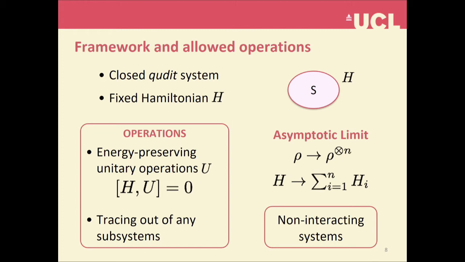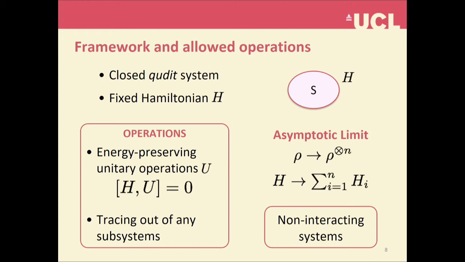This is the resource theory. Then you can decide in which framework you want to apply it. It could be the case of a single copy of your system, but we decided to study the asymptotic limit first. So essentially, we are interested in the case in which we have many copies of our system, and the overall state is described by a tensor product of a single system state.